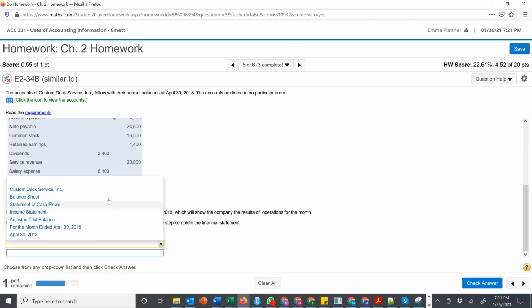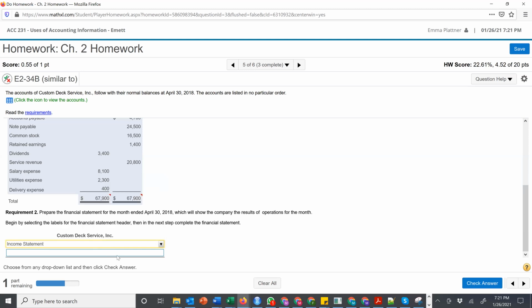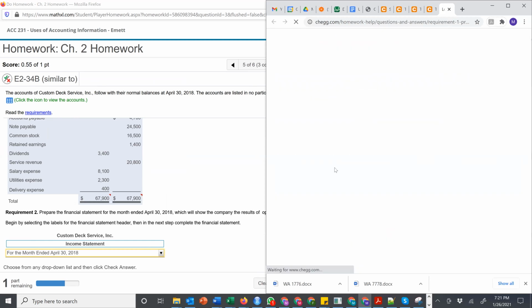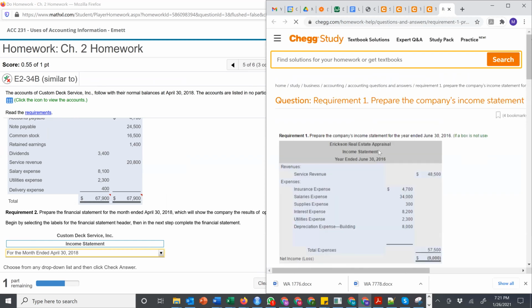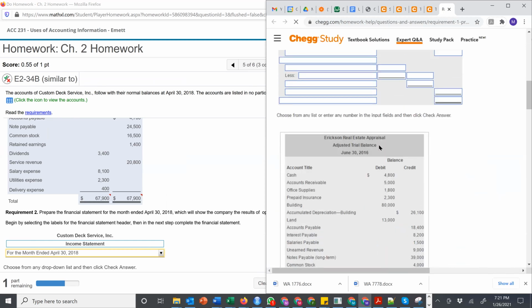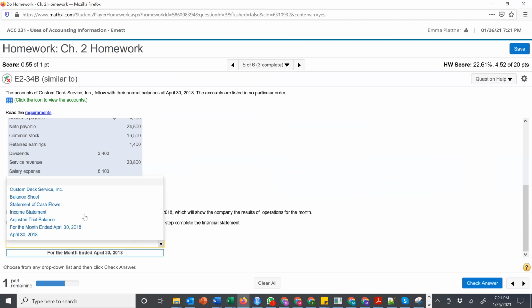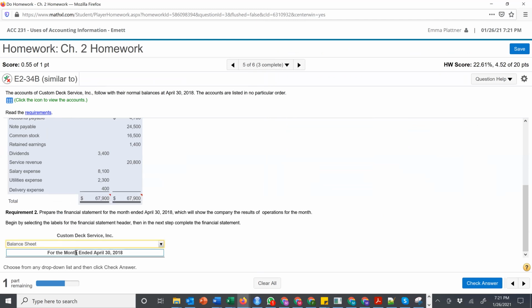It's probably something like this with the date, but I don't know. Usually it doesn't take this many tries to find the balance sheet. Let's see if that's an option. The balance sheet and then the date. That probably will do it. I know a balance sheet has to say the date like that.